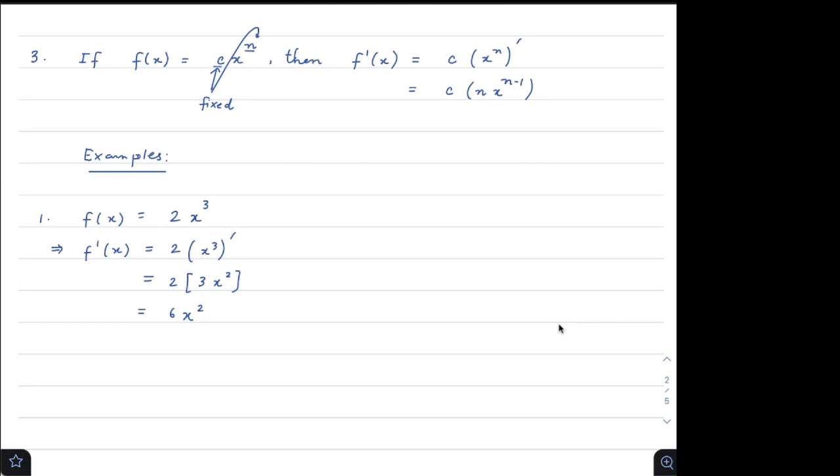All right, so if a constant is multiplied to your function, you can keep it out and differentiate that function. That's the whole idea. For example, if your function is e to the power 2 times x to the power 4, then the derivative will be e to the power 2 times the derivative of x to the power 4, which is 4 times x cubed.